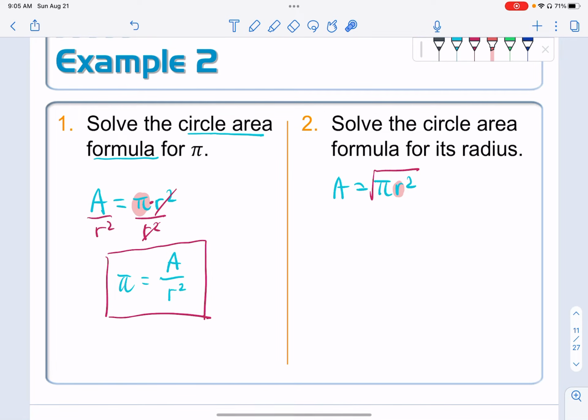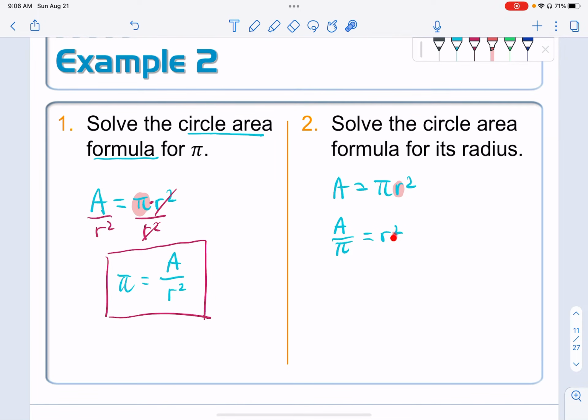So it's kind of like the order of operations backwards. That's what happens whenever we solve an equation. So I need to get rid of this pi first before I take the square root. The pi is being multiplied times the r squared, so I'm going to divide it over to the left. I will have A over pi is equal to r squared.